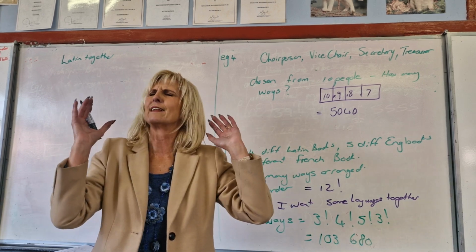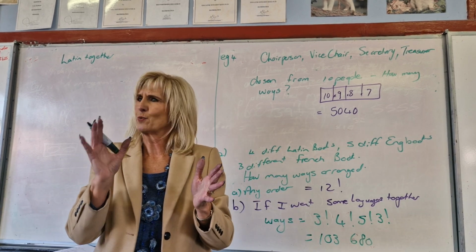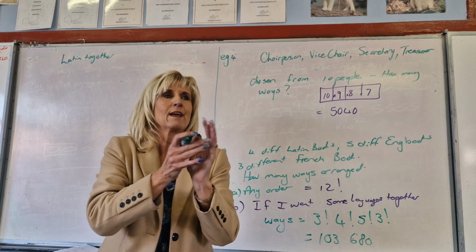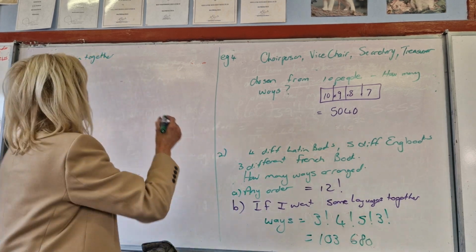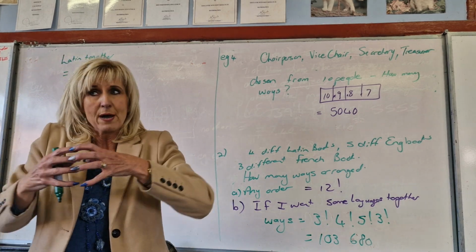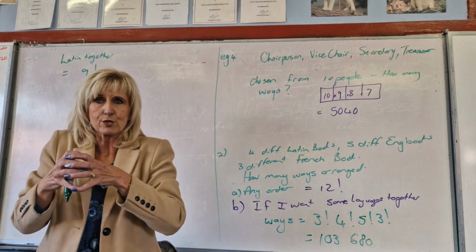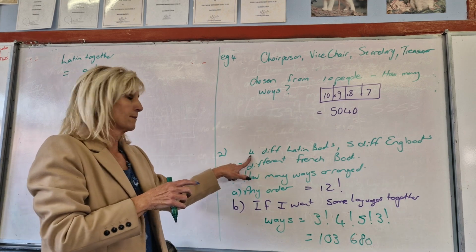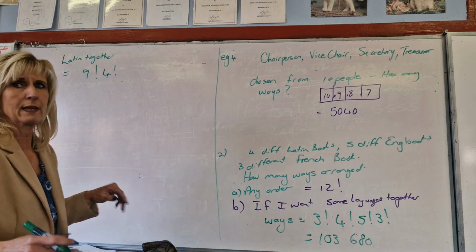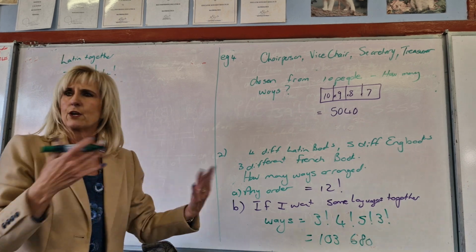9. Excellent. Not 12 minus 4. The 4 together make up 1, and there's 8 others. So there is 9. Are you with me? But the band of Latin books can be put, and the others? Well, I don't care. Go anywhere. They can be together, they don't have to be together.